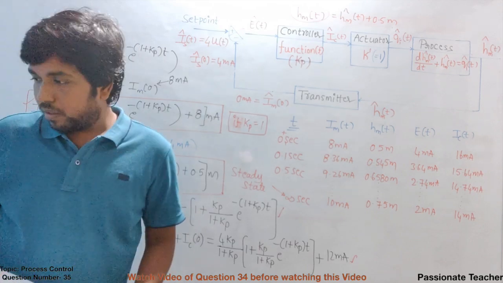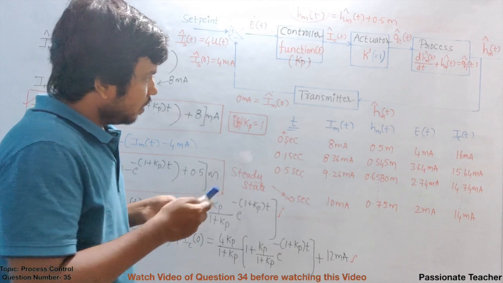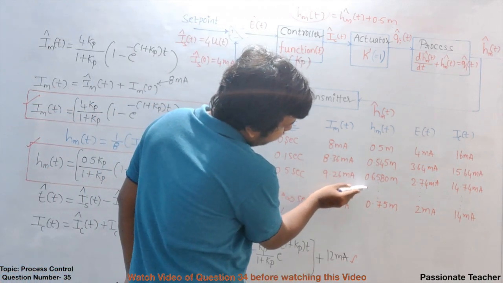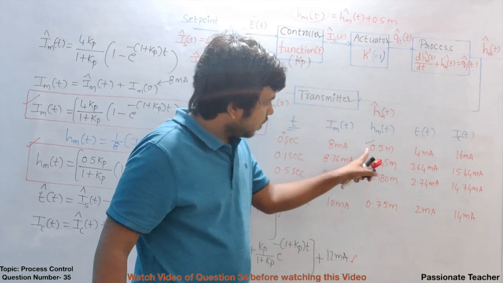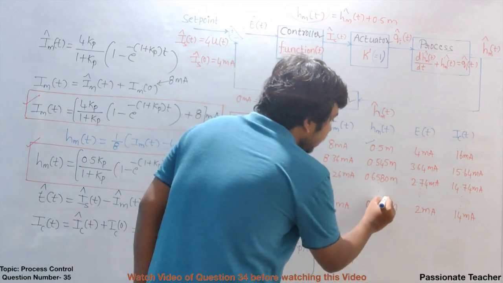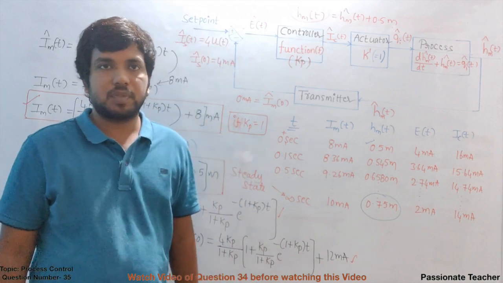That's all, right? So what I would like to say here is, have you understood the water level in the tank is slowly increasing from the initial value? This is the initial value of the water inside the tank. Slowly it is increasing, and finally the water level stops at 0.75 meter, right?